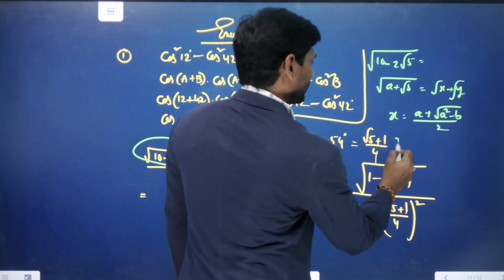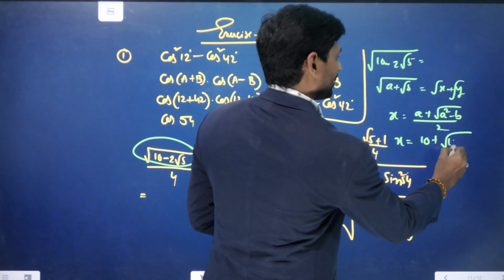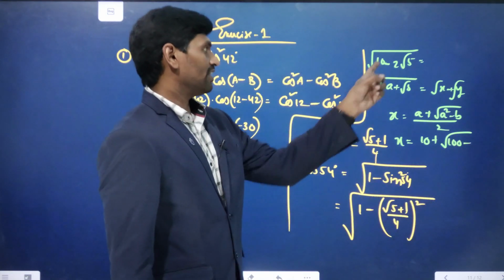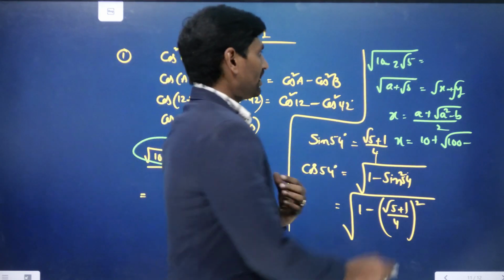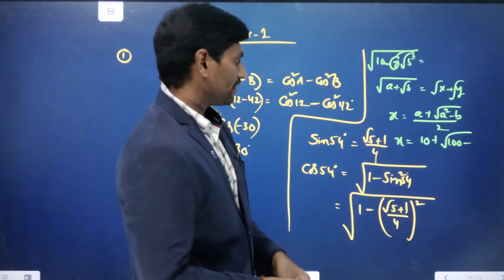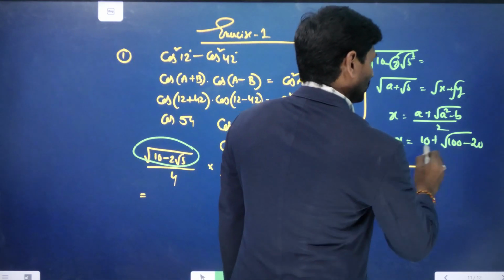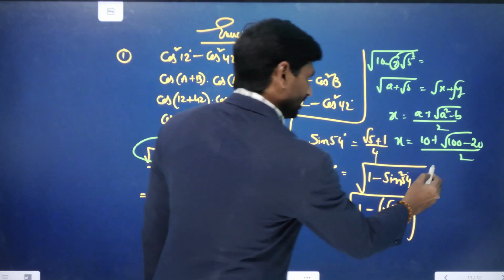Same way I am considering here the x value. A value is nothing but 10. 10 plus root over 100 minus the b value: root 2 into 5, where 2 becomes 4 because while you are taking 2 inside the square root, it becomes 4. 4 fives are 20. That will be 100 minus 20, 80.